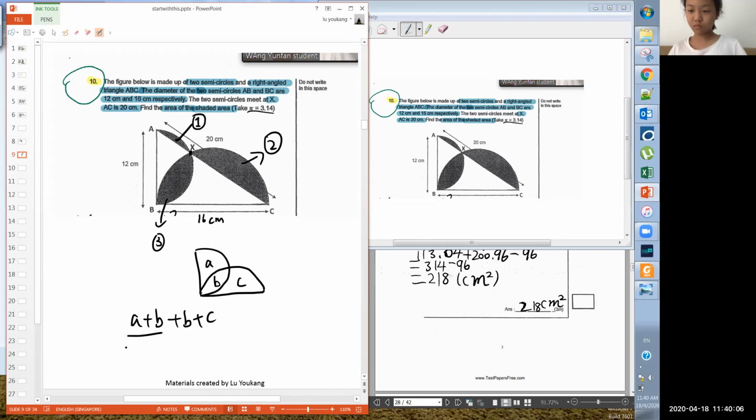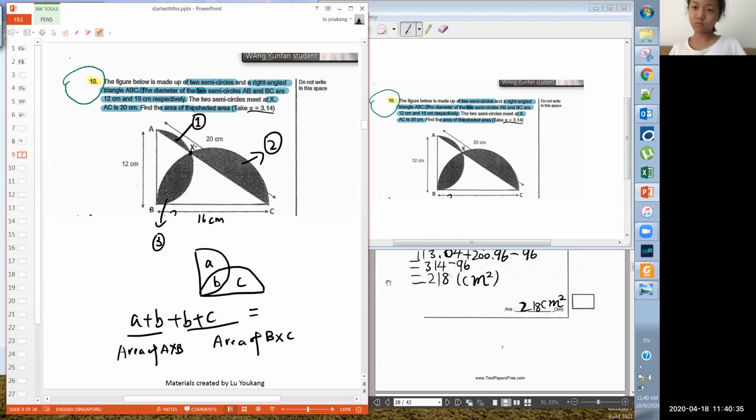This is the area of your semicircle AXB. This will give you your area of your semicircle BXC, right? Am I right? Yeah. Then what do you get? What's the answer?